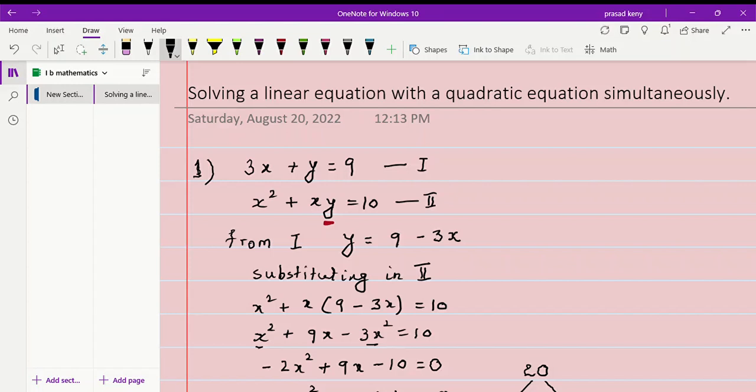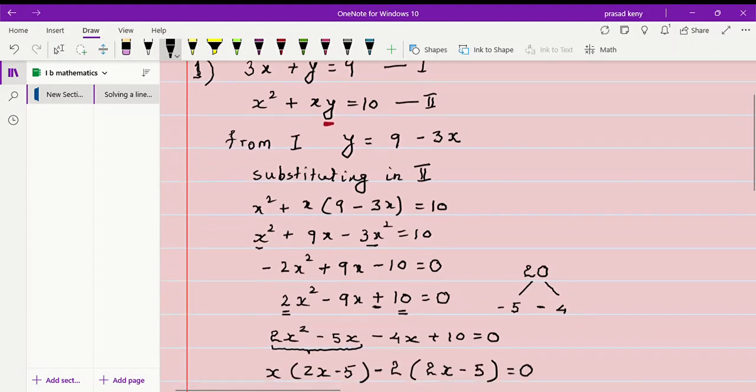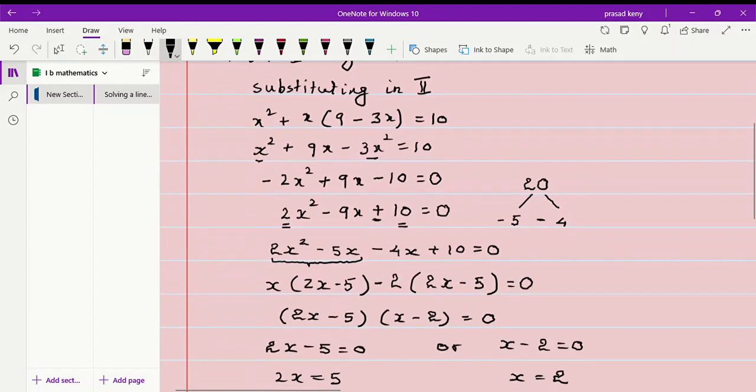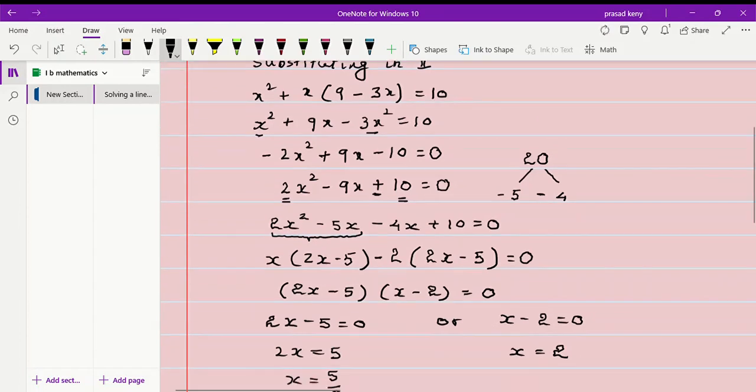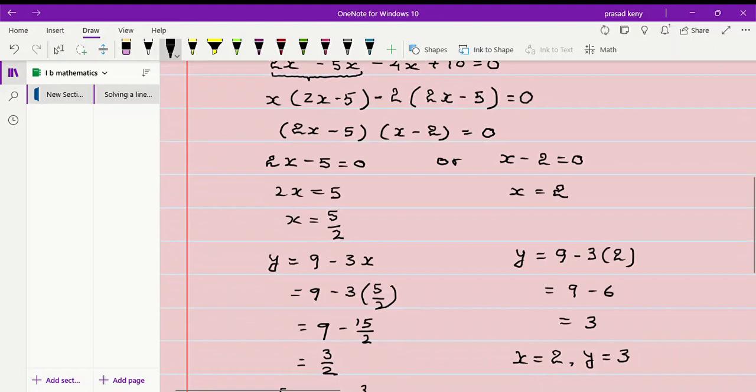Like in this case, the y coefficient is 1, so I expressed y in terms of x. That I substituted in the quadratic equation and got a quadratic equation only in x, which is easily factorizable. Get the two factors. Already I expressed y in terms of x, so whatever values of x you are getting, put them in that y in terms of x and get y.